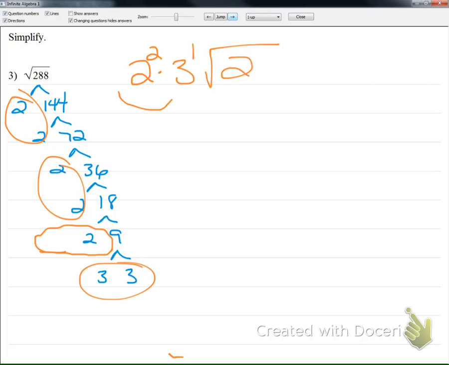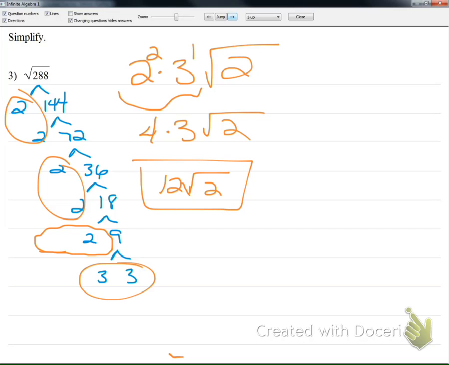We do need to simplify all of this. 2 to the second power is 4 times 3 to the first power is just 3. Just keep on copying the radical 2 down. 4 times 3 is 12, radical 2. So that is your final answer, 12 radical 2.